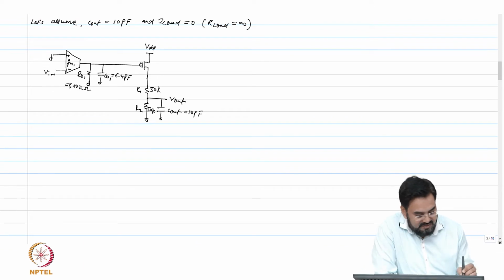So now what is omega P2? This was RO2, I think. RO2 and CO2.